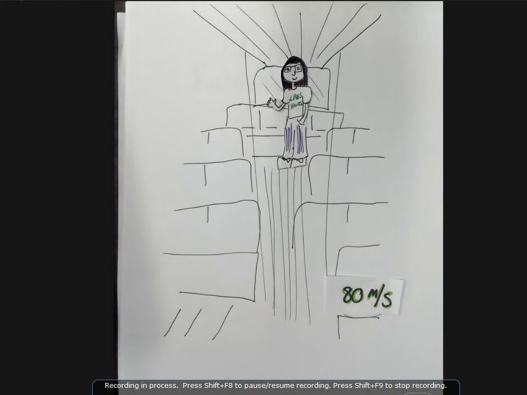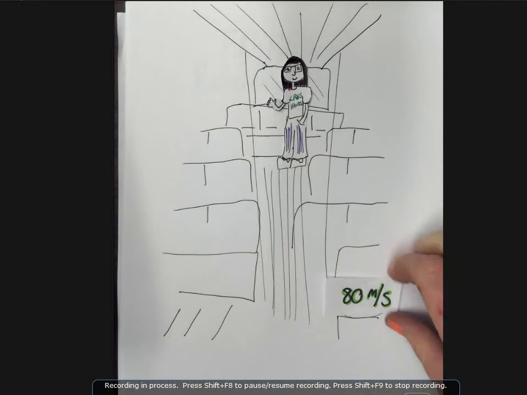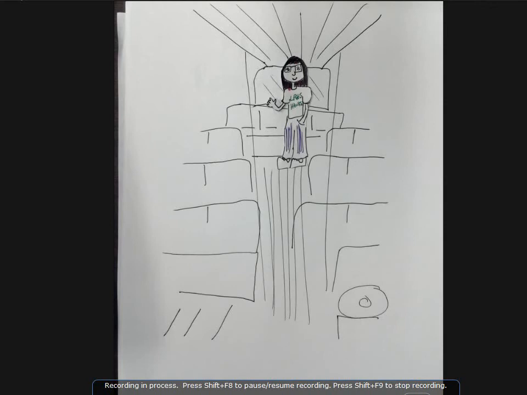But it doesn't really matter because to you, riding on this bus, you are sitting still and you're aware that you're sitting still. So from your frame of reference, you're motionless. You have a speed of, instead of 80 meters per second, 0 meters per second.